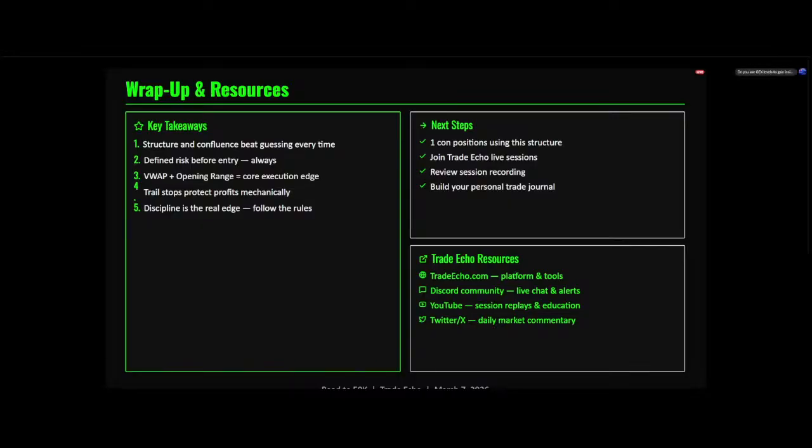And if you really want to get great at this, you should be sizing with one contract positions using this exact structure. And I'll always preach this because you don't have to go in with the same amount of contracts that I'm going in. It's a challenge at the end of the day.